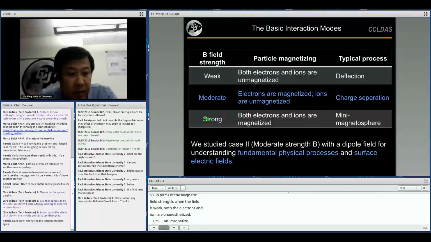What we studied in the laboratory is the moderate strength B field, where electrons are magnetized but ions are unmagnetized, so the charge separation can be significant. In the laboratory, we studied plasma interaction with the dipole field. That allows us to understand fundamental physical processes, and we can dig into the details of the electric fields on the surface.